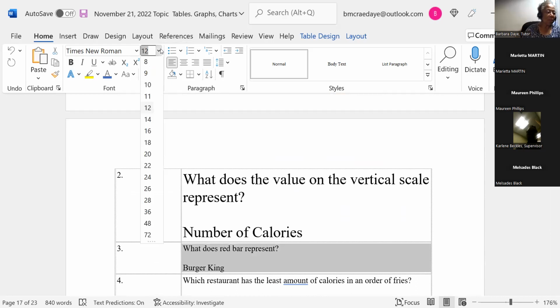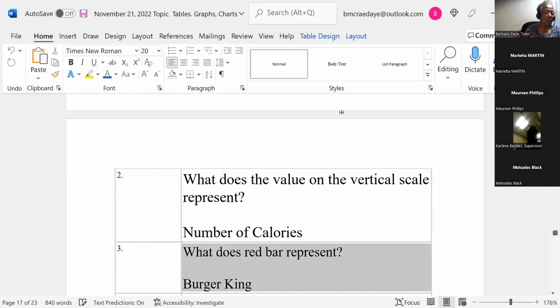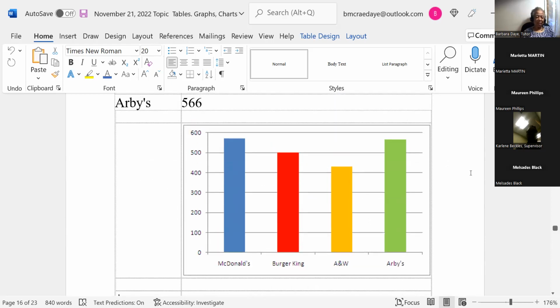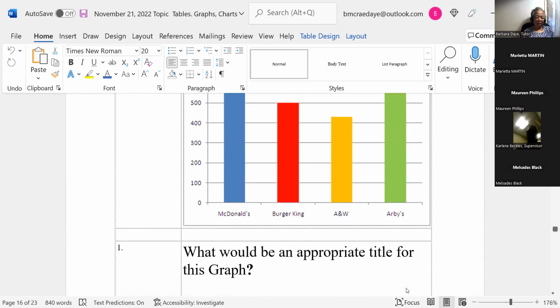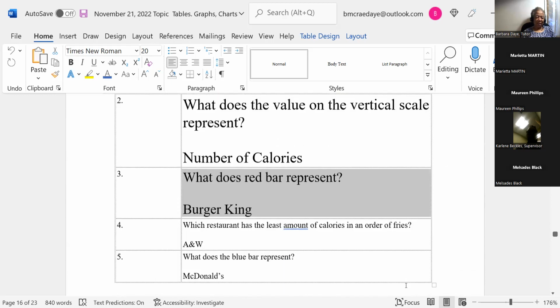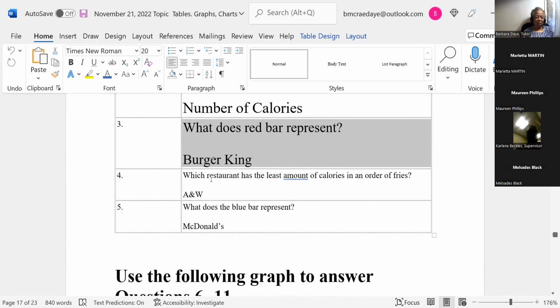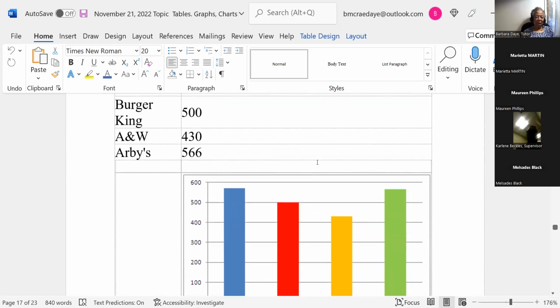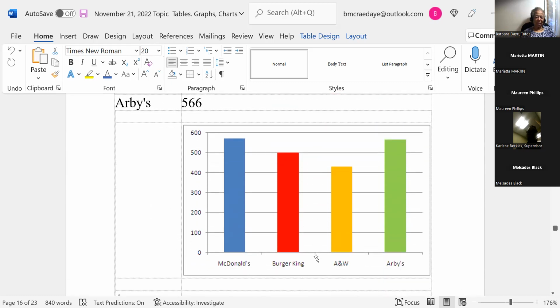Now, what does the red bar represent? Okay, look at the red bar. What does it represent? Burger King. Okay. Now let's go down here. Which restaurant has the least amount of calories in the order of fries? Which one has the lowest amount? A&W.